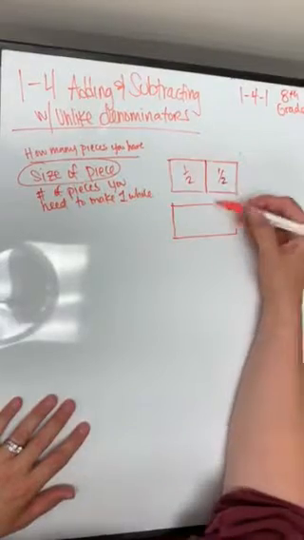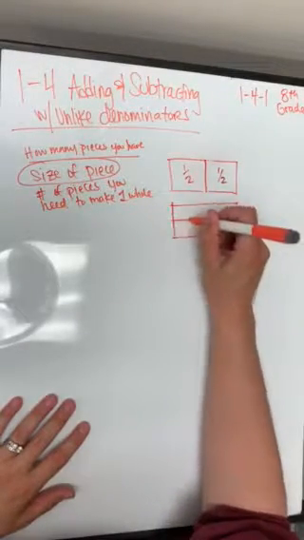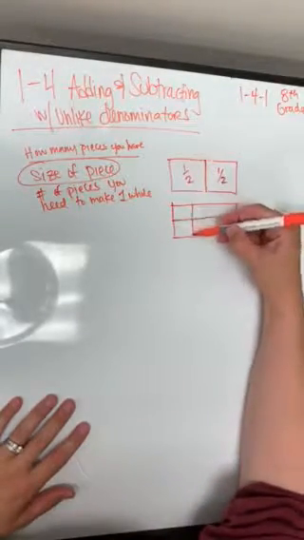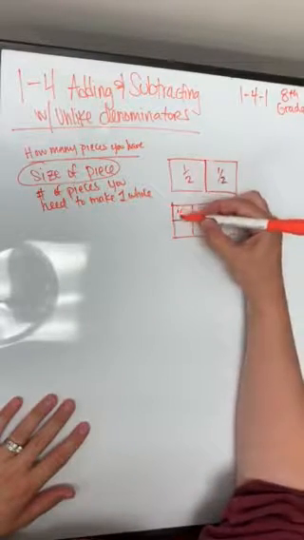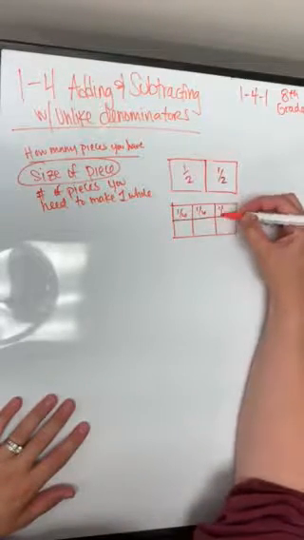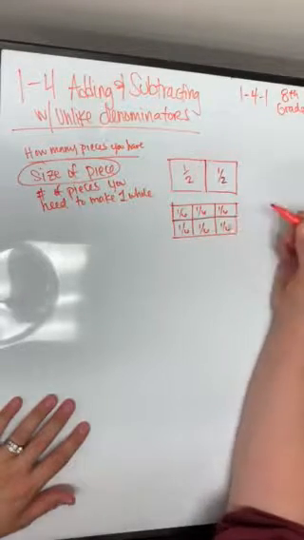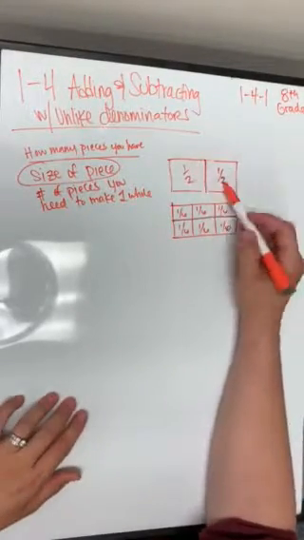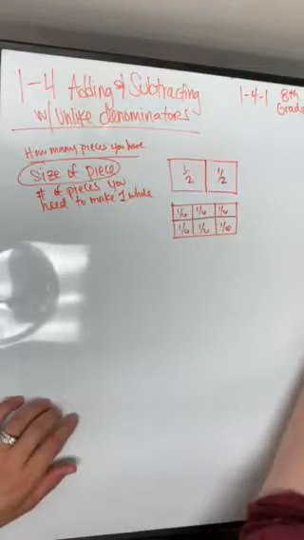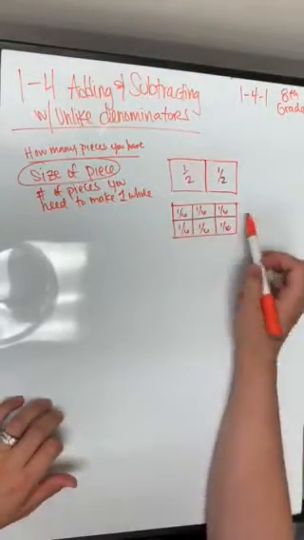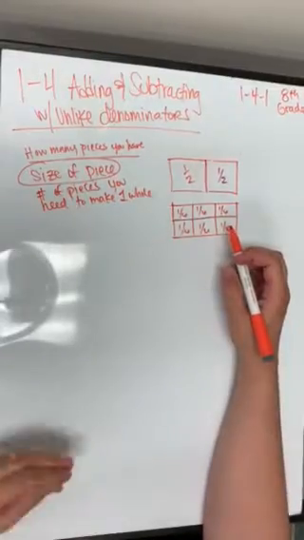This candy bar, on the other hand, I am going to break up into 6. So I have 1/6 here, 1/6 here, 1/6 here, 1/6 here, 1/6 here, and 1/6 here. This one, if I had both of these pieces, I would have a whole candy bar. This one, if I had all 6 of these pieces, I would have a whole candy bar.